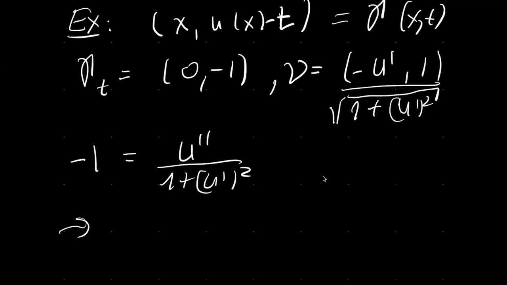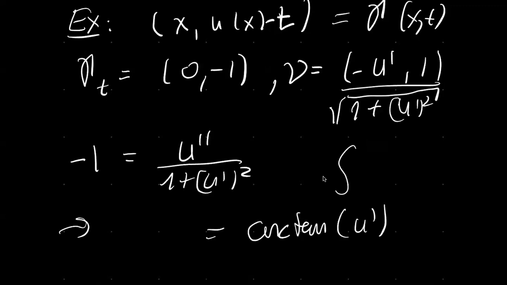This is, if you integrate here, yeah, integrate. On the right-hand side, you get arctan of u'. And on the left-hand side, so maybe, let me say that I made the correct choice and I got a 1 there.